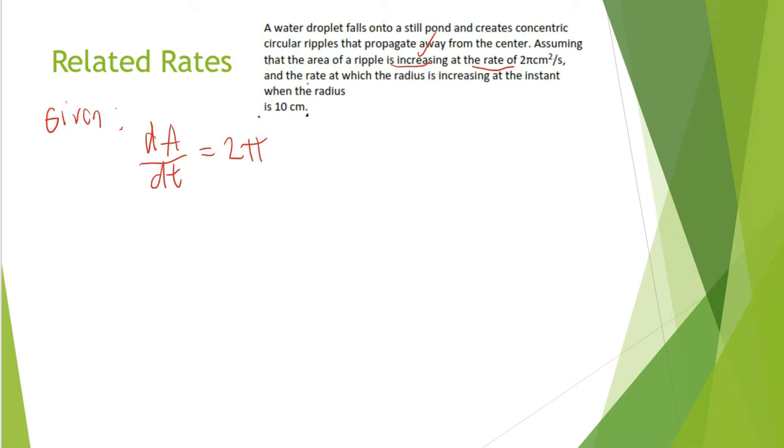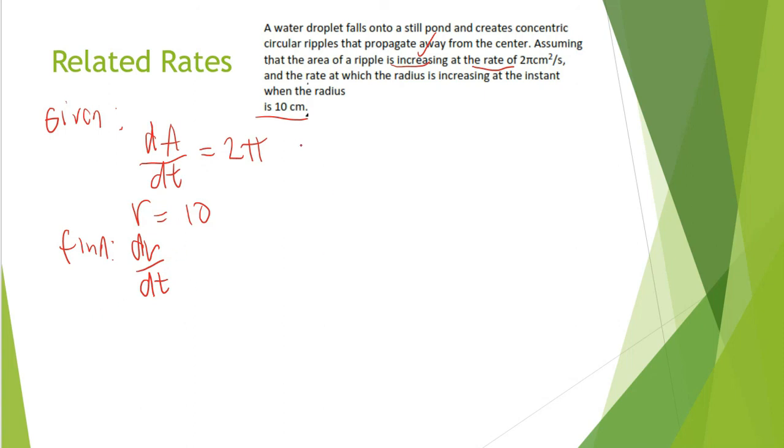Next given is the radius, which is equal to 10 centimeter. Now, we let A as the area, R as for the radius, and T for time. And then we are going to find the rate of change of the radius with respect to time, which is dr over dt.